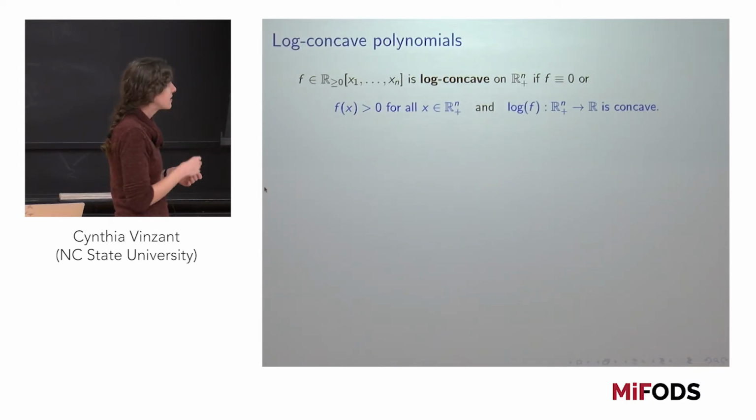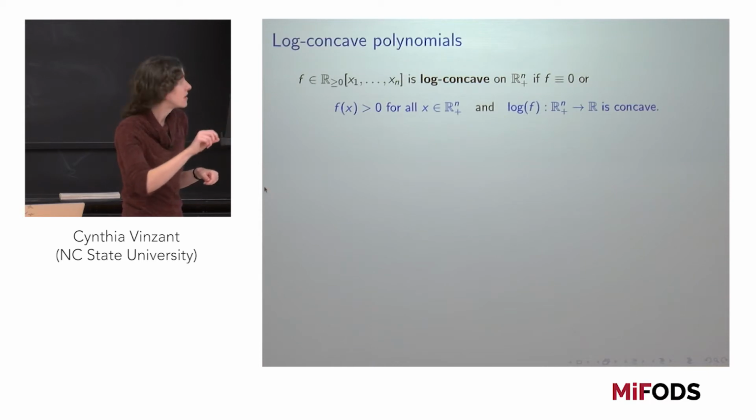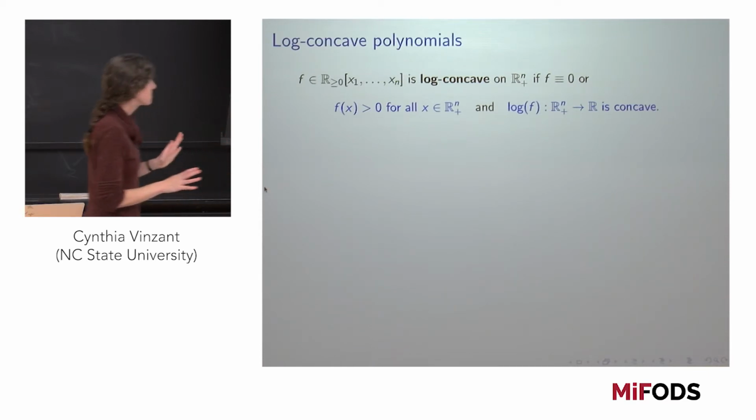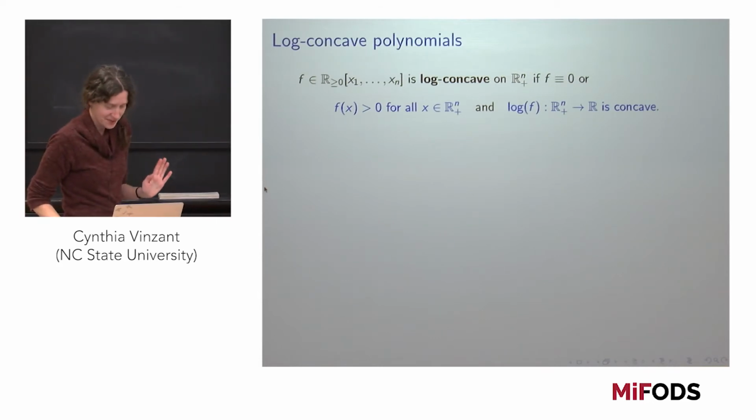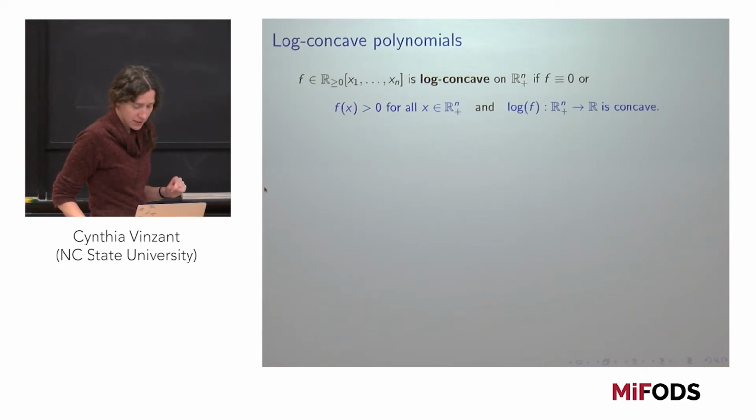And I want the function log of f to be concave on the positive orthant. Really, its Hessian is negative semi-definite at every point in the positive orthant. So it looks a little weird. We're going to go through this in more detail in a bit.